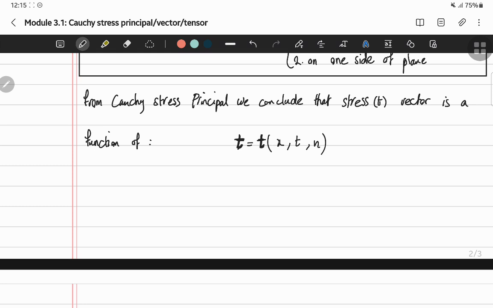And remember here, we are in the deformed configuration, small x. So the Cauchy stress tensor is a stress tensor that assumes we are in the deformed configuration. So we are in the current configuration.